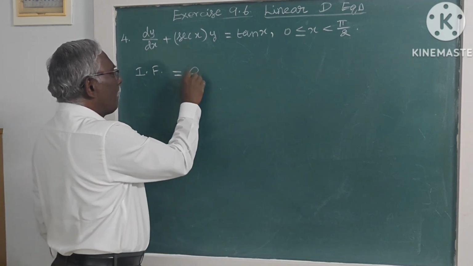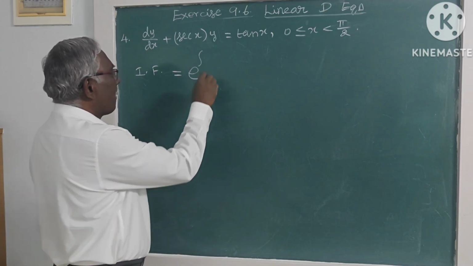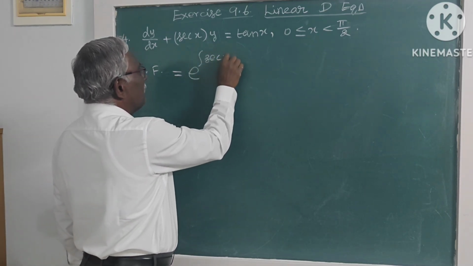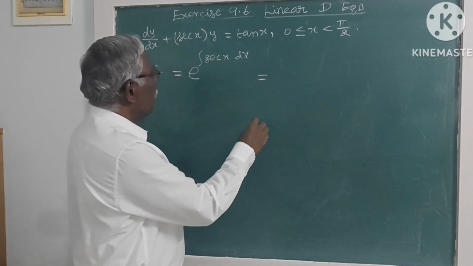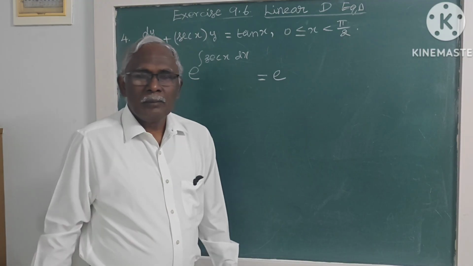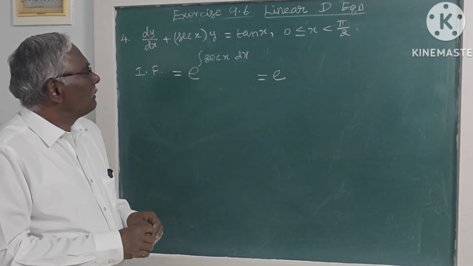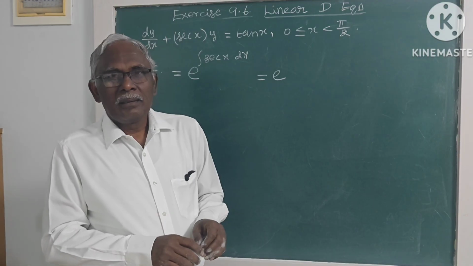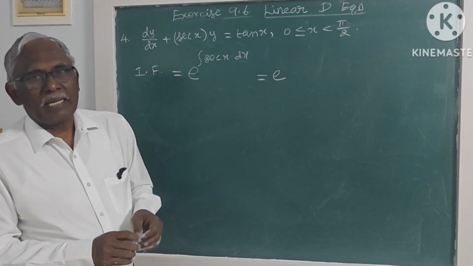P is secant x here, so secant x dx. So e power, what is integral secant x dx? It is nothing but log of secant x plus tan x.